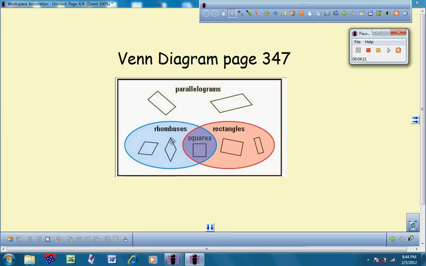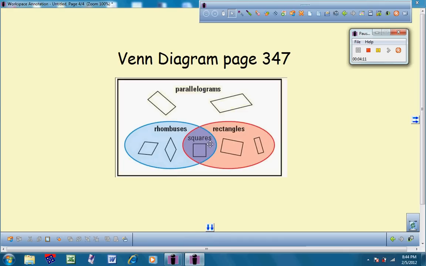So, if a question was asked, such as, is a rhombus a square, sometimes, always, or never, we can look here and just look in the circle that says rhombus. There is a square there, so yes, a rhombus can be a square. But if you also know, the square is in the overlapping area of the rectangle. So a rhombus is a square only sometimes. A rhombus is a square when it's not a rectangle.